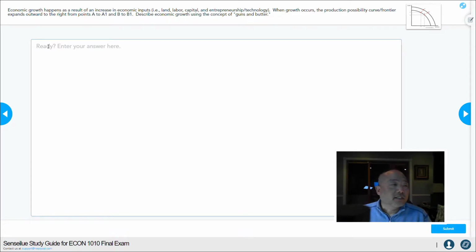So this question here says economic growth happens as a result of an increase in economic inputs. When growth occurs, the production possibility frontier expands outward to the right, from A to A1 and B to B1. Describe economic growth using the concept of guns and butter.